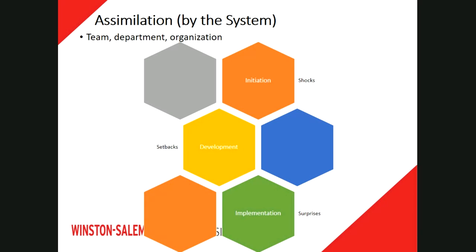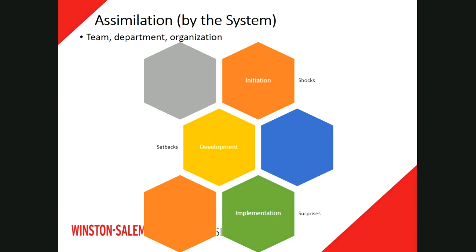And so looking now at assimilation. Assimilation, this is speaking to the system, and even adopter is speaking to the individual. Assimilation is speaking to the system. In some contexts, the argument can be made that adopter could speak to the overall organization, and I think theoretically it can. And even though assimilation is talking about assimilation by the system, I think the argument can still be made that the assimilation can be applied at an individual level from a theoretical standpoint.